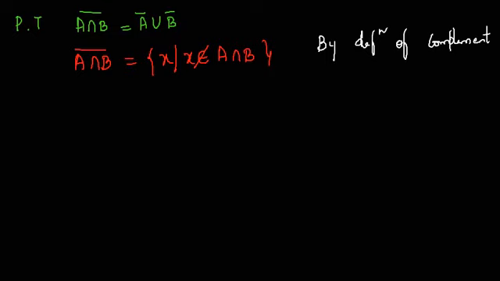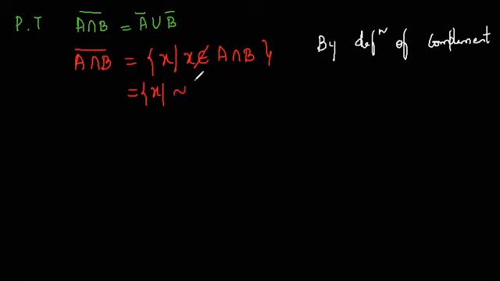Now the next step: we have A intersection B, which can be replaced by the symbol and, so we will do that. x such that, now does not belong, we can use the symbol negation.